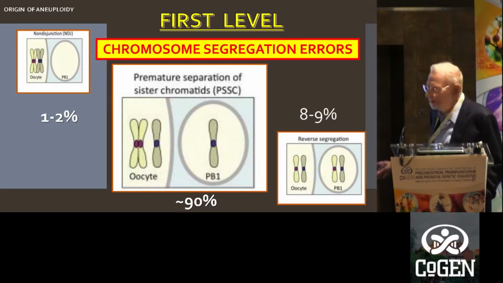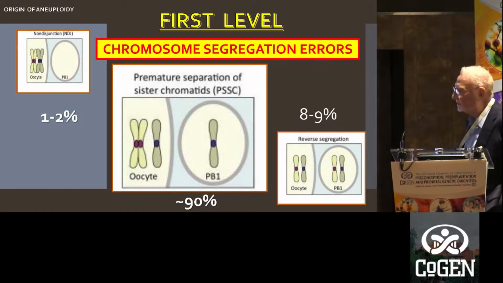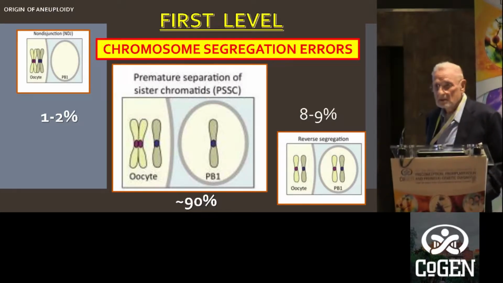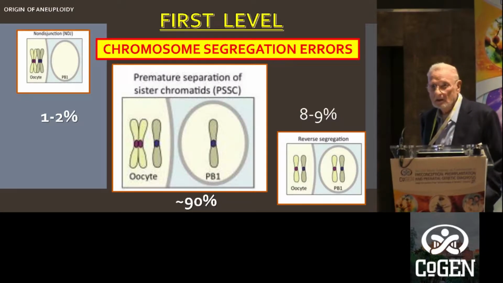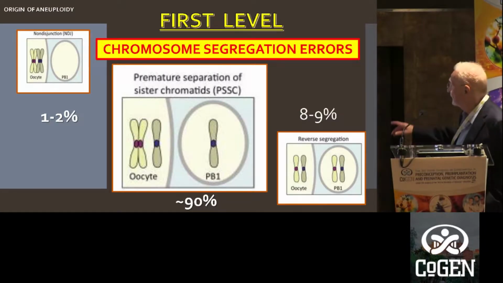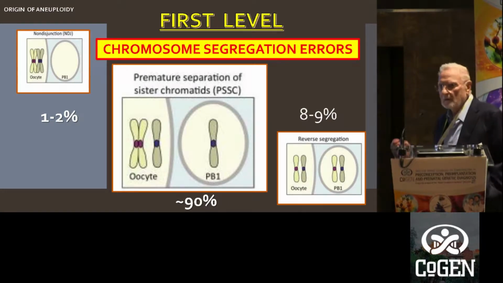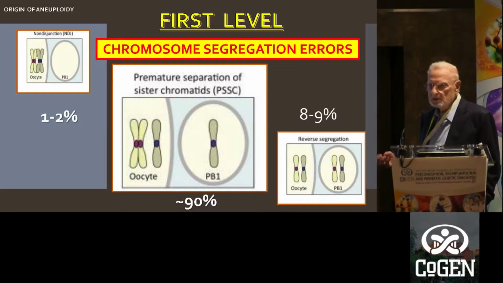And the third category has been recently described and emphasized by one of our colleagues in the audience. Alan Handyside is here, of reverse segregation, in which each of the chromatids separate from one another, and so you do not have the underlying basis of meiosis, and that is to separate homologous chromosomes from one another.